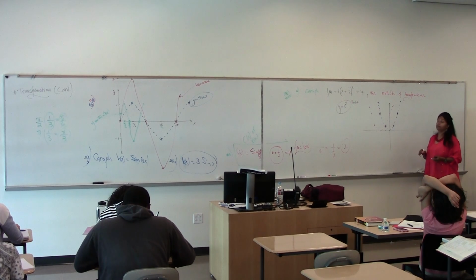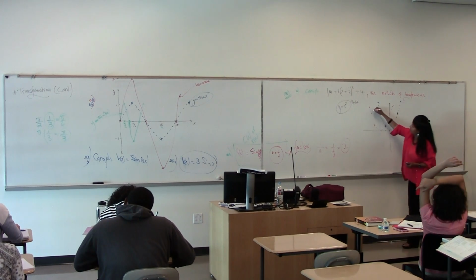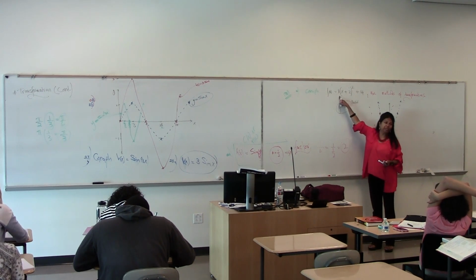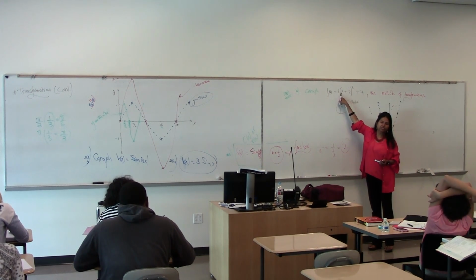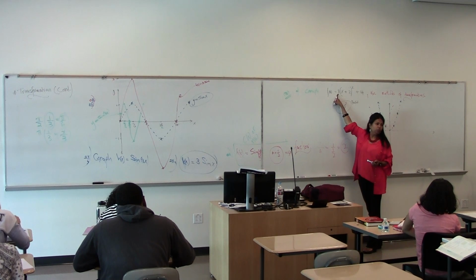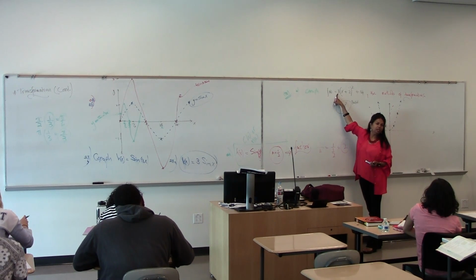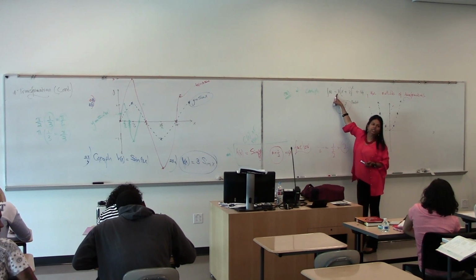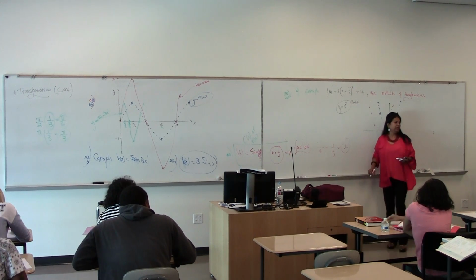Now what do you need to do? Multiply y times 3. You do the multiplication. What kind of transformation is this? What is it called? Vertical stretch. Everybody follow it, right?